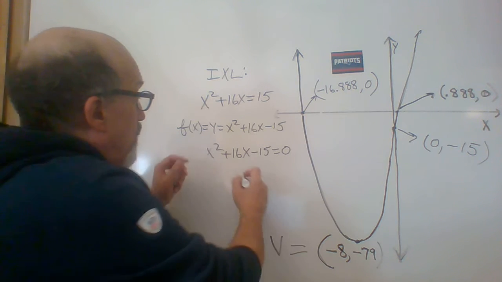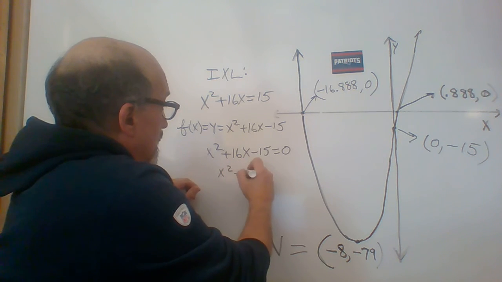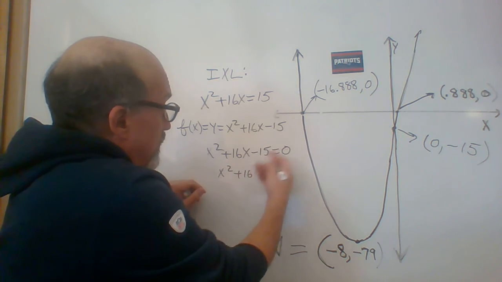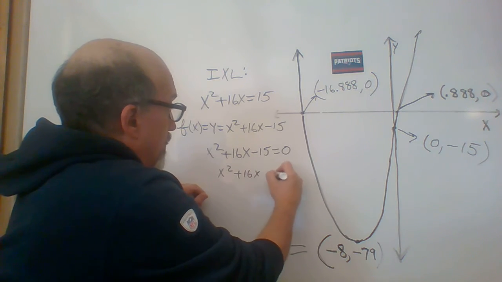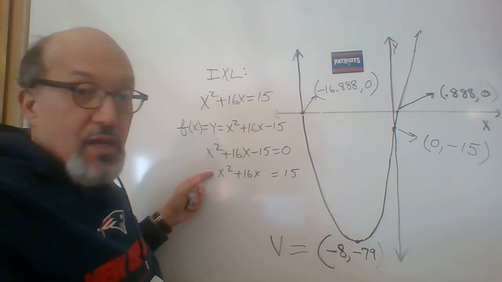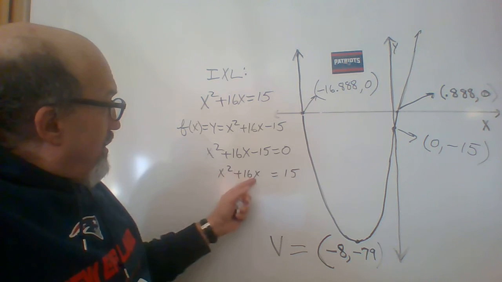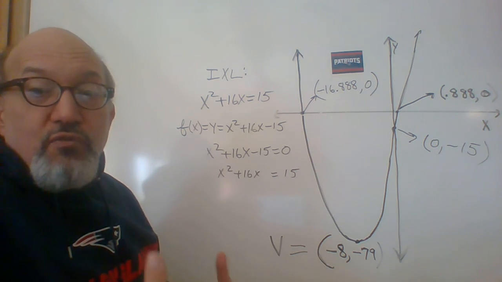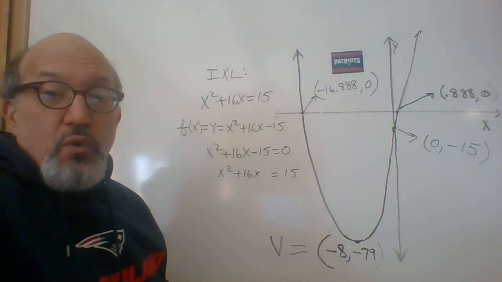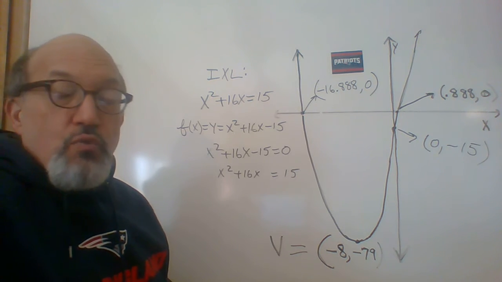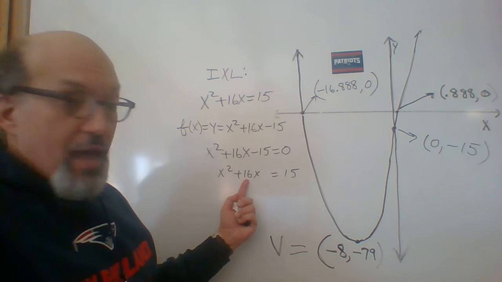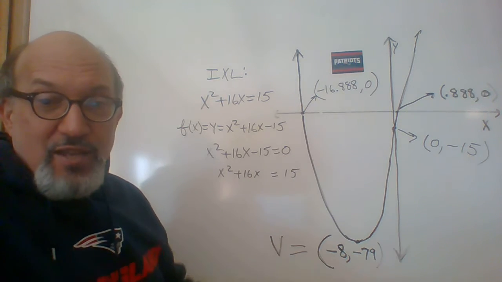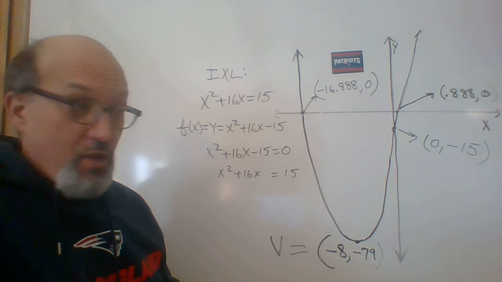But the only preliminary step here is to get the negative 15 on the right by adding 15 to each side. And that's what you were given, only it was s's. So they've done the first preliminary step for you. Now you're ready to complete the square. You take half of the 16 and square it and add that to each side. Okay, easy.